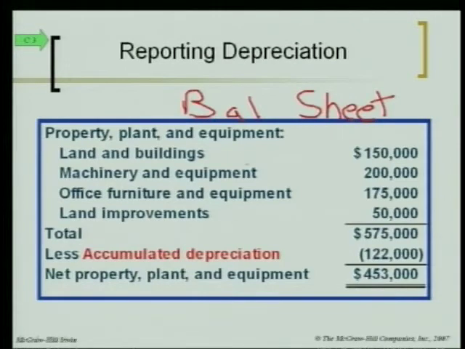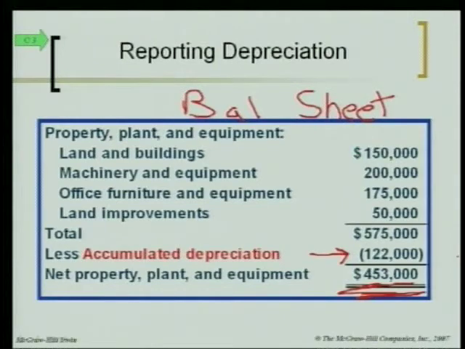Does this make sense? A lot of times you'll do it like this, where you just put all of your accumulated depreciation in one total and subtract that from the cost, and then that gives you your net property, plant, equipment, or you could say your book value.